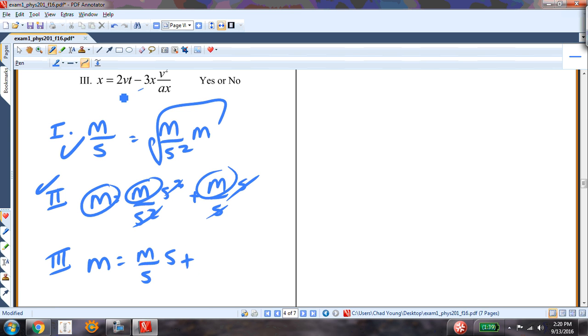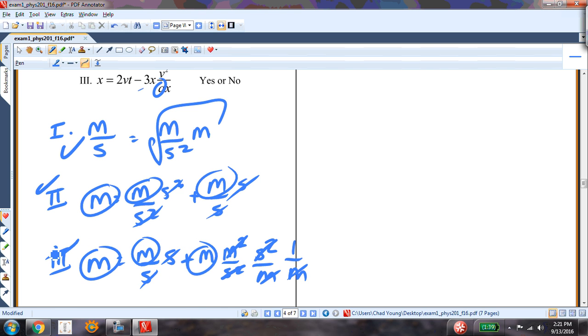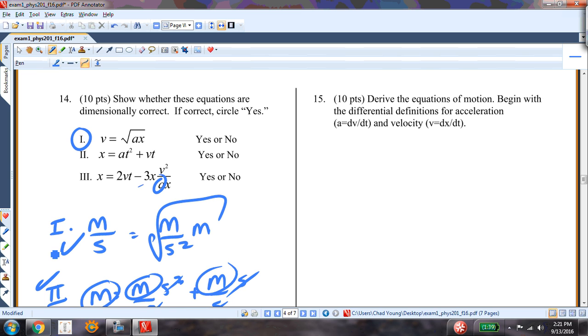Leaving out the negative 3 there, I get meters, meters per second squared, because it's v squared. A is second squared over meters. I just flipped this because it was in the denominator, and here I have 1 over meters. I get some things canceling out here. Those all cancel out. This also cancels, so I'm left with meters, meters, meters. So this one also checks out. So they're all correct.